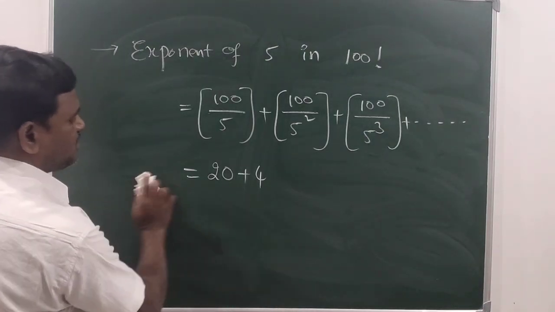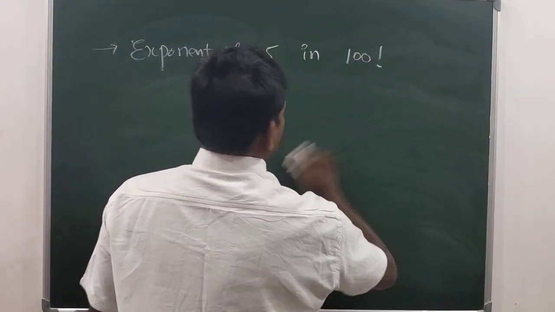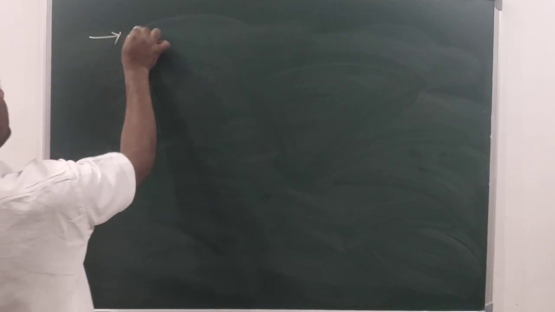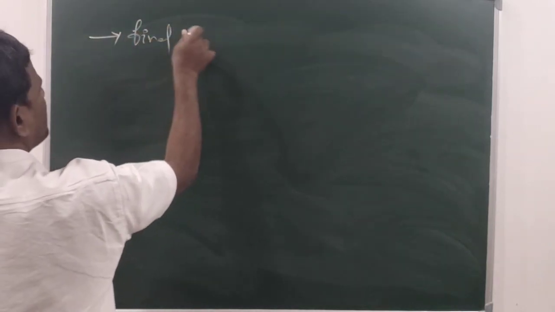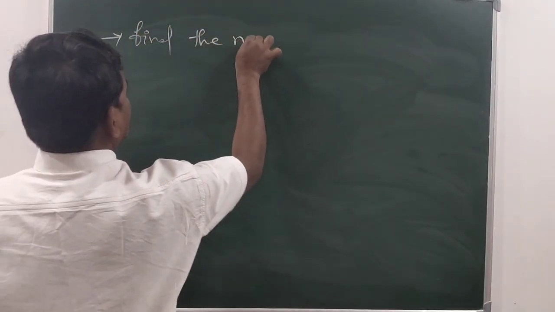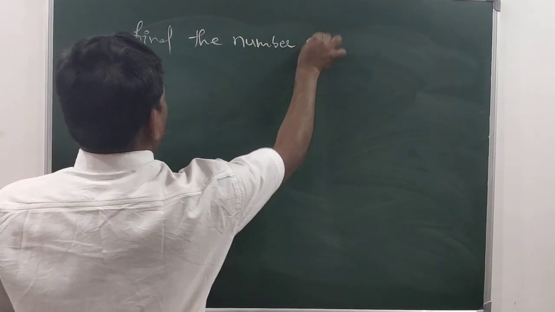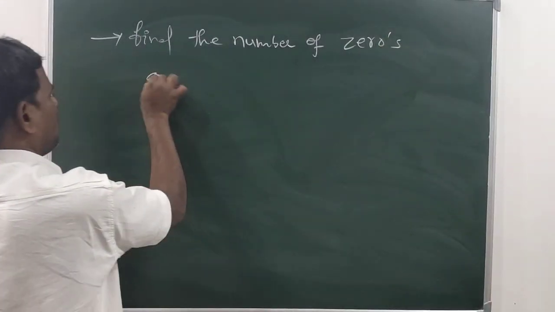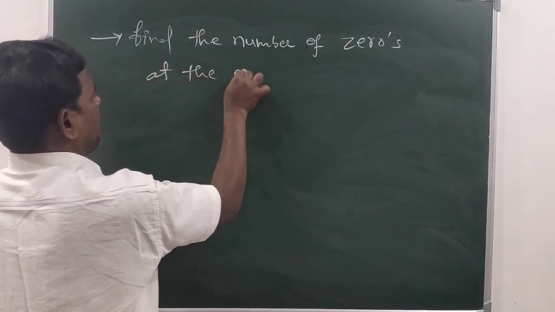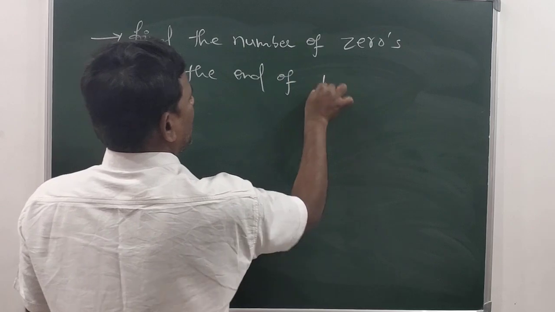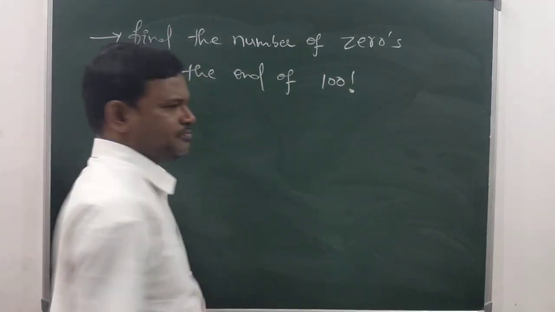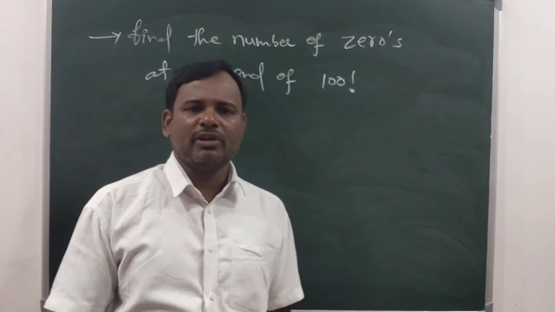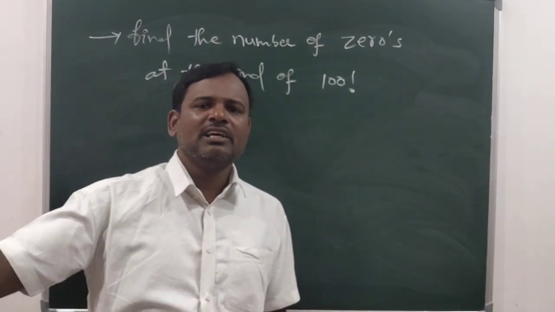Now next question. Find the number of zeros at the end of 100 factorial. 100 factorial is 100 into 99 into 98 into 97 down to 3, 2, 1.